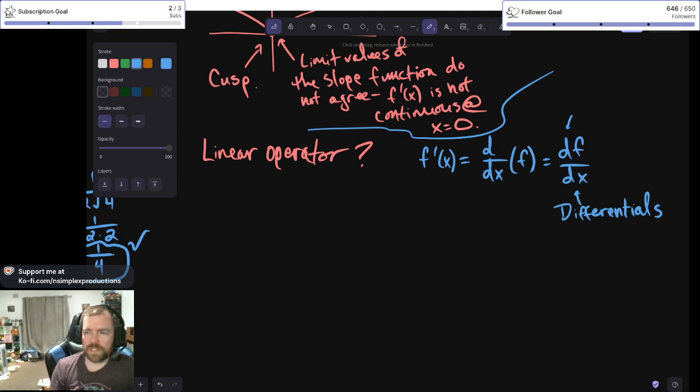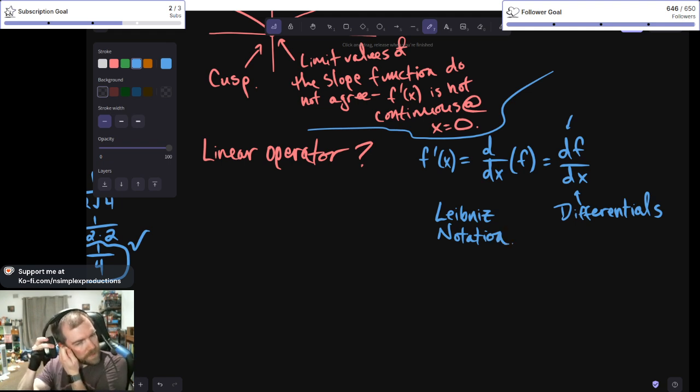Right, so we use these differentials. This is what's usually known as Leibniz notation. Gottfried Wilhelm Leibniz was a German mathematician back in the 1600s, around the same time as Newton.